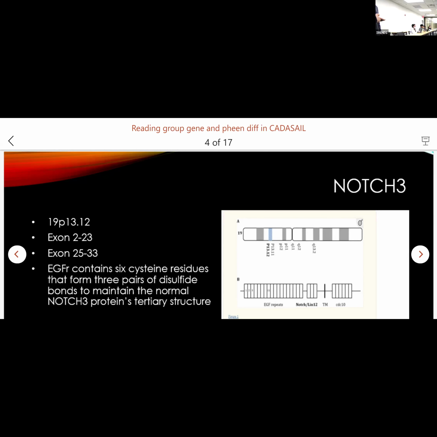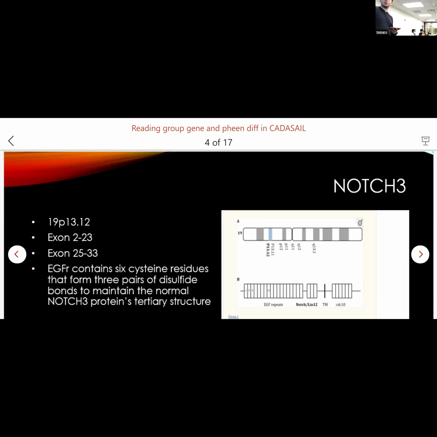It interacts with different exons, and the range varies significantly. Exons between 2 and 23 have been associated with mutations, but there have been recent instances as high as exon 25 and 33, which defies the rules we've set up and raises questions.